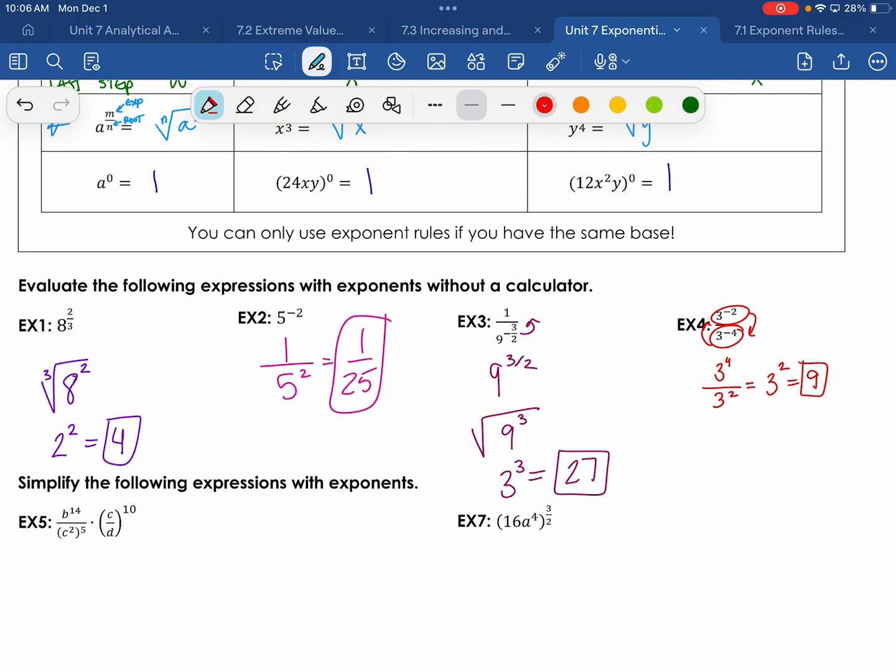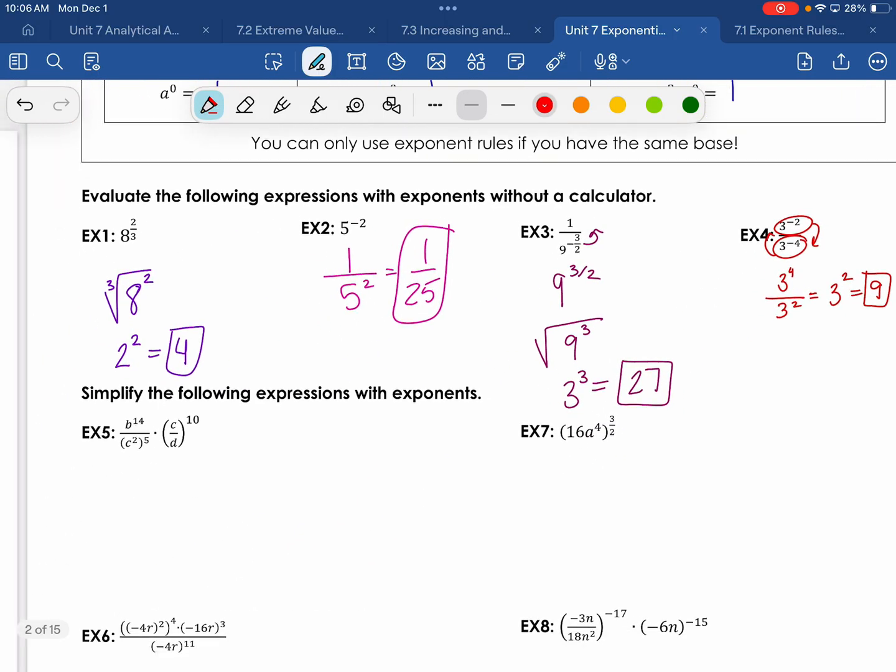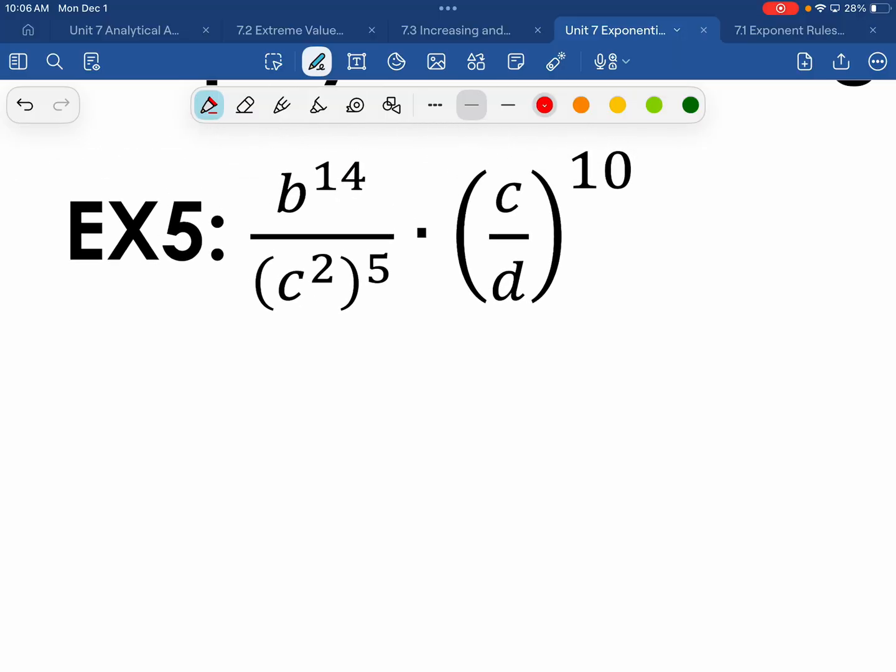All right. Does that make sense? Yes. Awesome. So let's go down here to example 5. We're going to look at maybe some more complicated simplifying. Now remember, rule of thumb is get rid of your parentheses. So I'm going to multiply the 5 and the 2 here, and I'm going to multiply the 10 to both of those exponents to lose my parentheses.